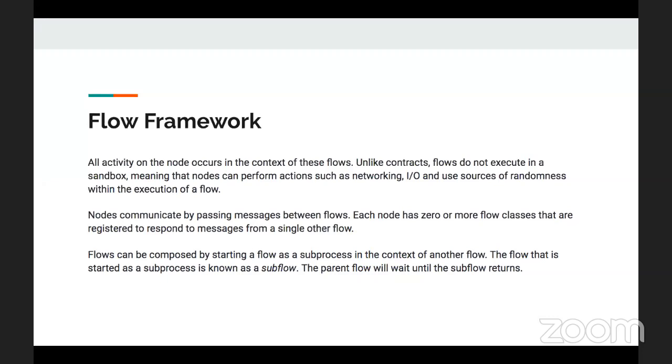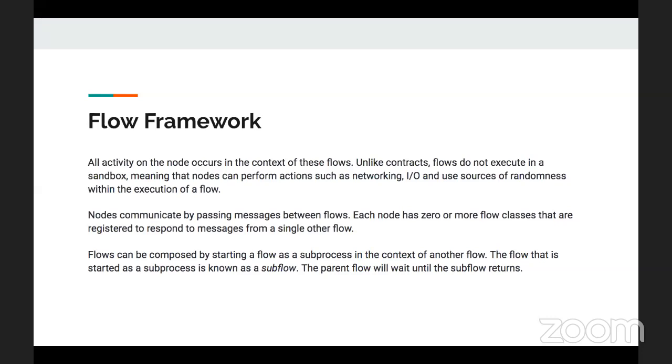Whatever we have seen about Java Fiber and Java Quasar and Java multi-threading, which is all prevented or not used in contract, that is all used in flow. So the node can do whatever actions are required, such as networking, messaging, routing, input, output, source of randomness, in the context of the flow.